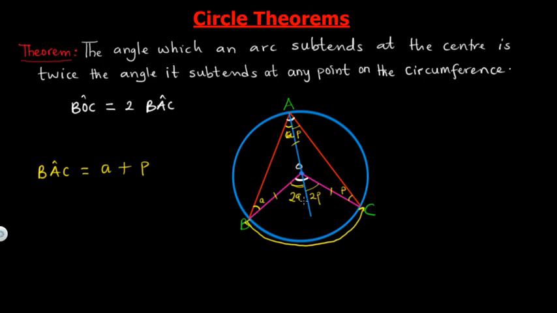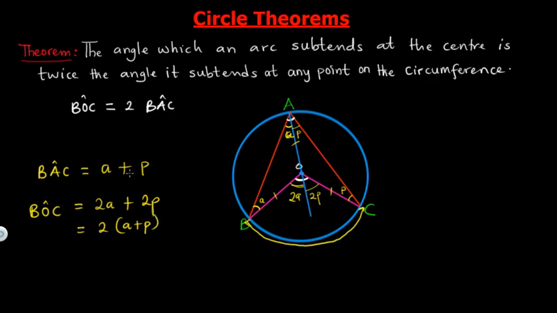Now that we have established this, you will also see that angle BOC is equal to 2A plus 2P. Factorizing this, we have 2 open bracket A plus P, right?